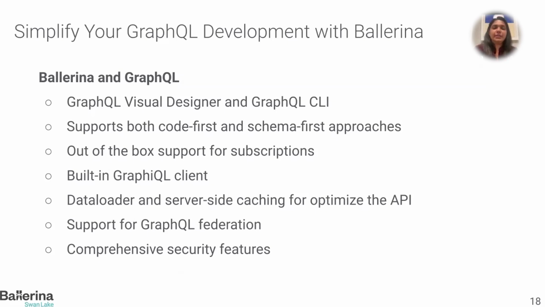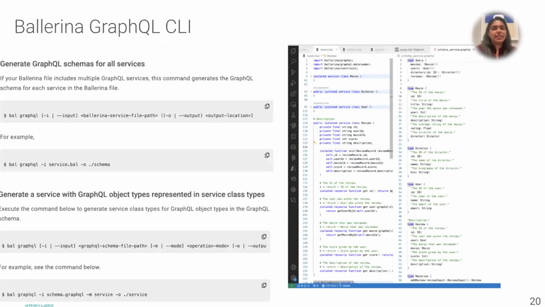And also, Ballerina comes with security features, and all the client and server side security mechanisms are very much familiar across the protocols, whether it's GraphQL, REST, or WebSocket. The same security principles, authentication, authorization mechanisms can be easily applied. And with GraphQL also, we have that support. So having said that, I'll not take much time to explain what it is and the capabilities in high level.